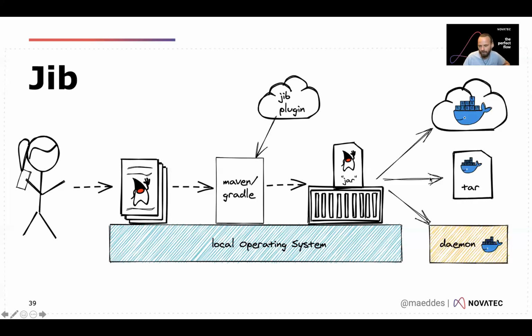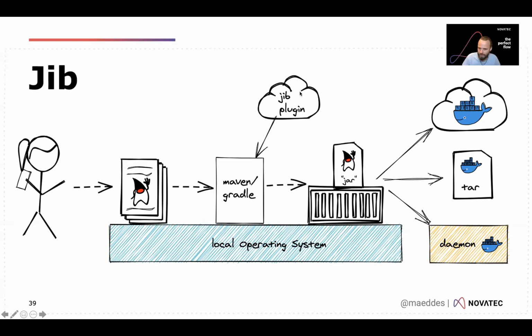So it could directly push it to Docker Hub. It could build it to a local Docker daemon. I said it doesn't need it, but it can put it in there, or you can just export it as a tar file. This is all pretty cool, especially if you want to work in pipelines where sometimes you might have the limitation that you can't run a Docker daemon on a build node.